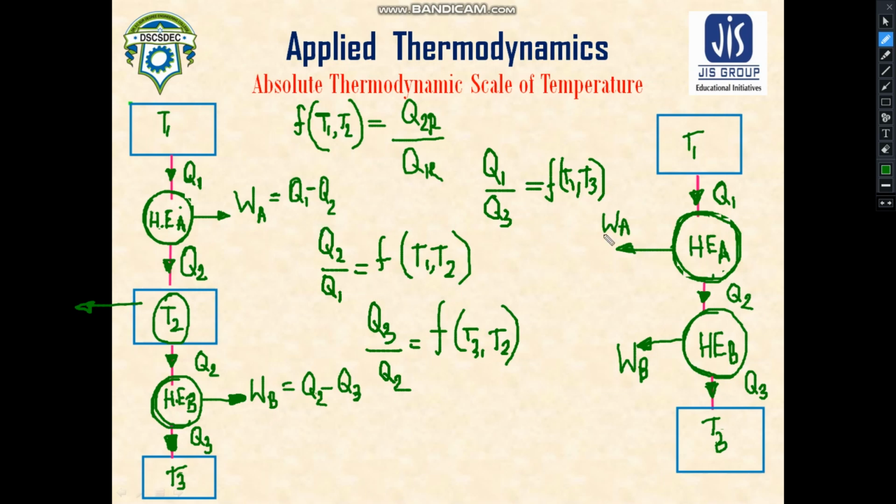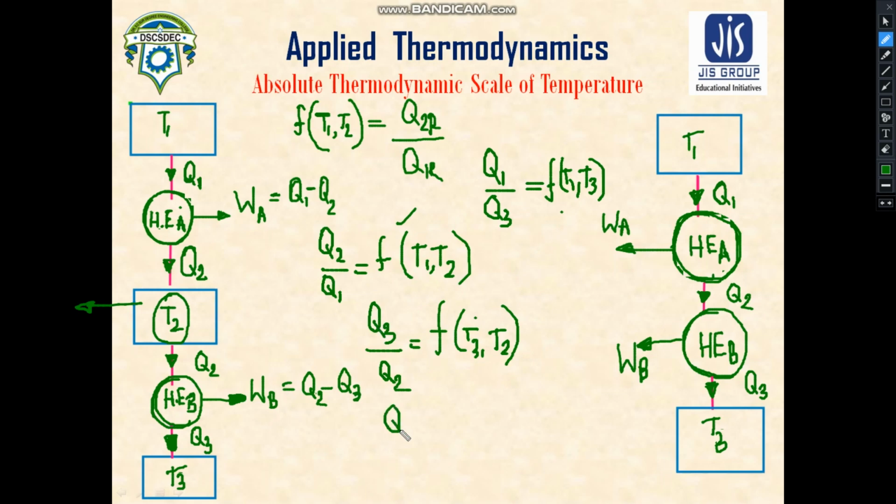Now if we try to establish a relationship between this function and these two functions by simply doing a mathematical operation, right?